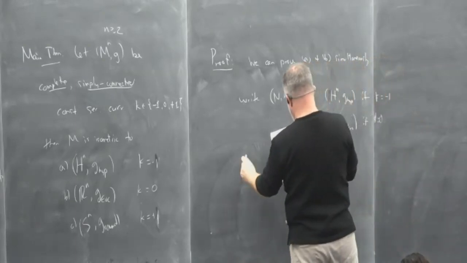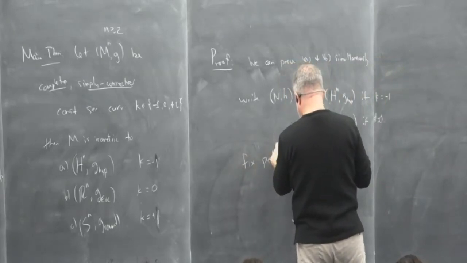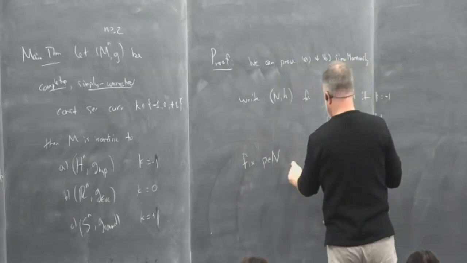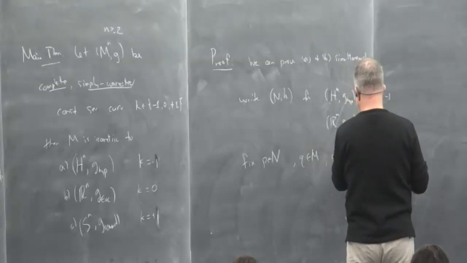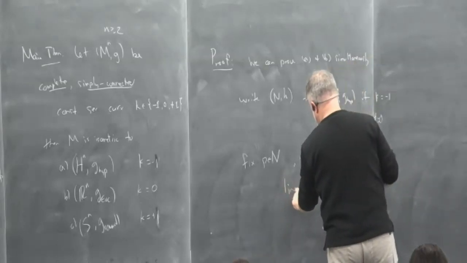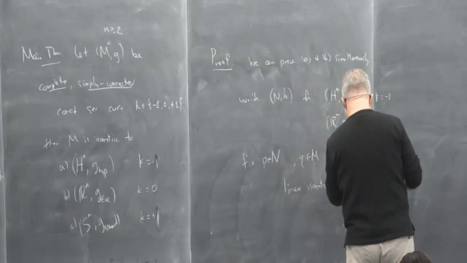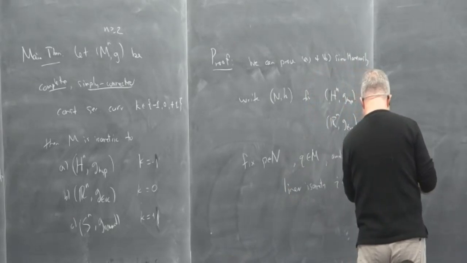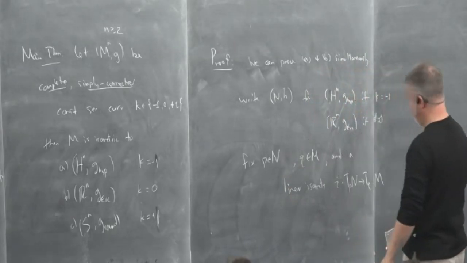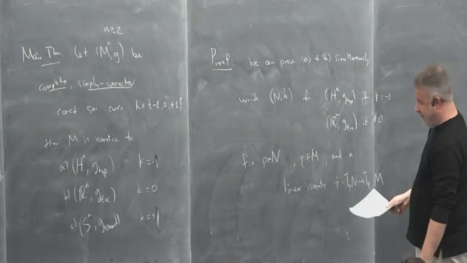and fix a point p in N, and a point q in M, and a linear isometry I from T_pN to T_qM. Okay, of course, we can do that because these are two Riemannian manifolds of the same dimension.